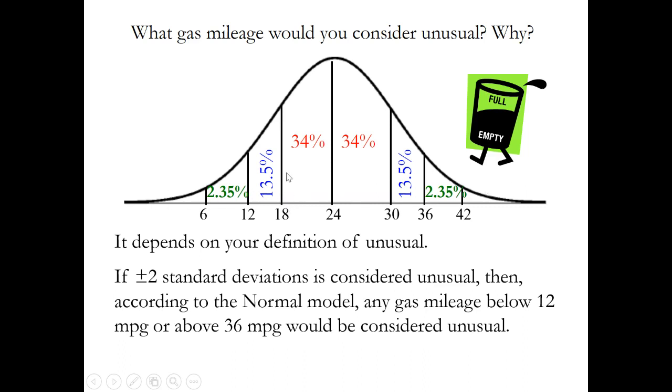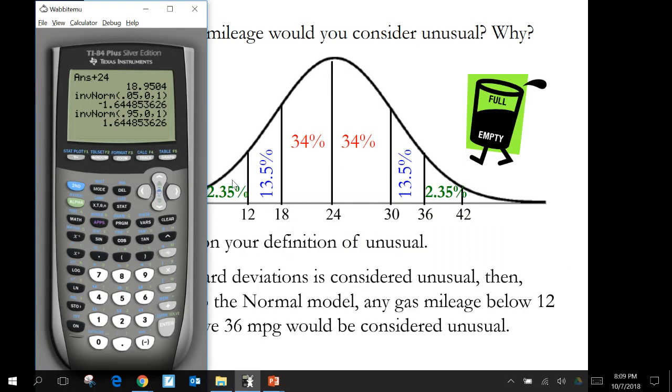So the question is, what z-score would be Q1? Well, Q1 is the 25th percentile, so I can do second vars, inverse norm, 0.25, or negative 0.67.